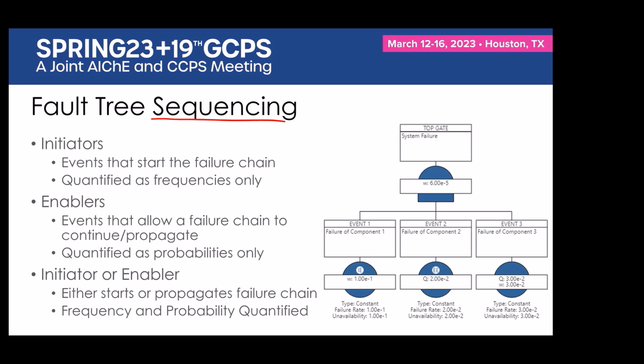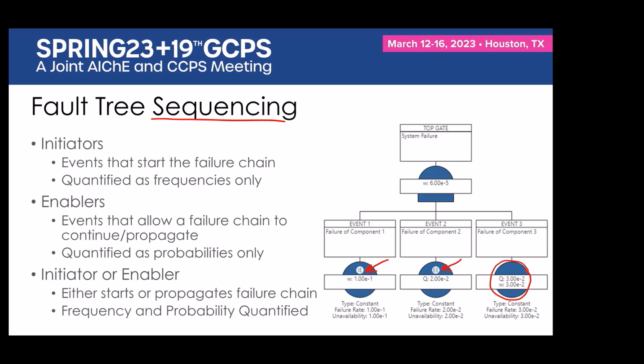So I have an event that occurs, and I have other events that enable that initial failure to propagate to a consequence. In fault tree analysis, you can define events to be initiators, you can define events to be enablers, or if you make no definition, like you see on this last event here, the software will assume that it's both an initiator and an enabler.